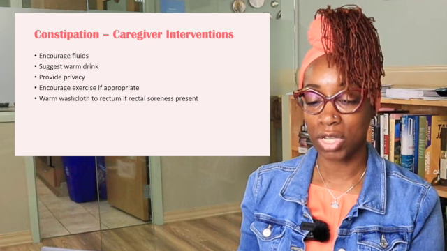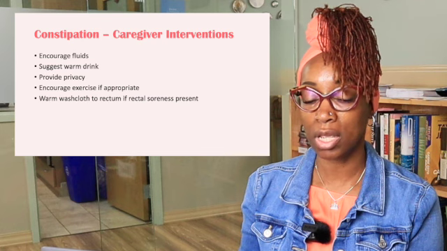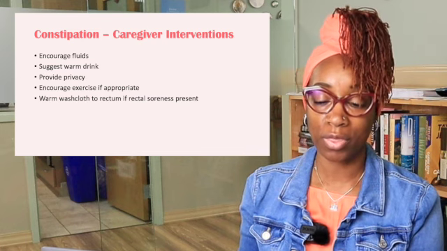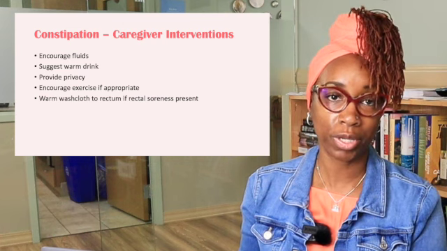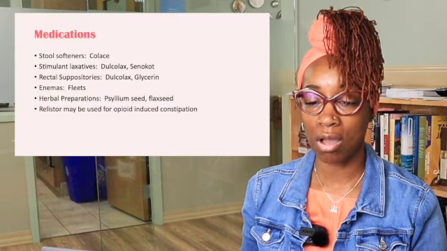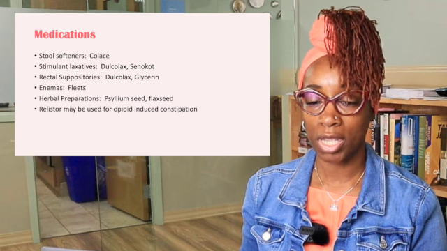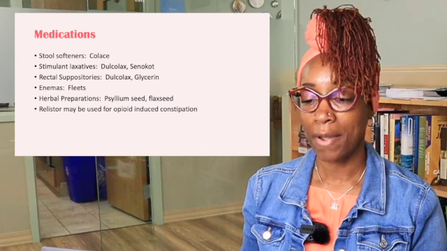This slide is suggesting a warm washcloth to the rectum if there's rectal soreness present. But I would just say with that, definitely just see if that's an appropriate intervention at that time. Medications that are a lot of times ordered would be Colace, which is a stool softener, or Dulcolax, that's a laxative.